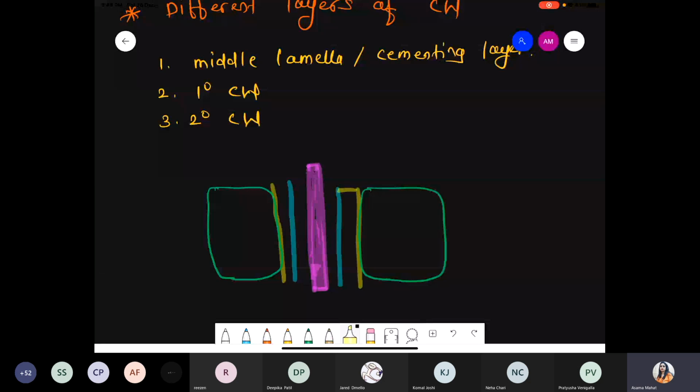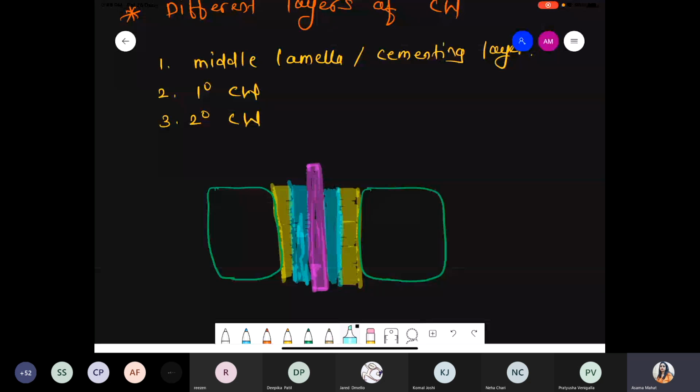So I'm giving colors so we'll get a clear-cut idea.